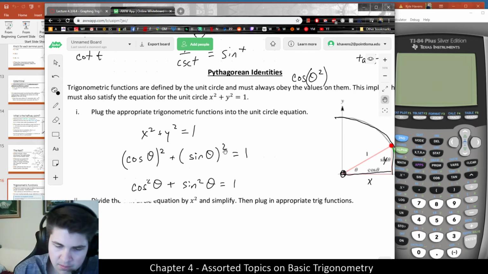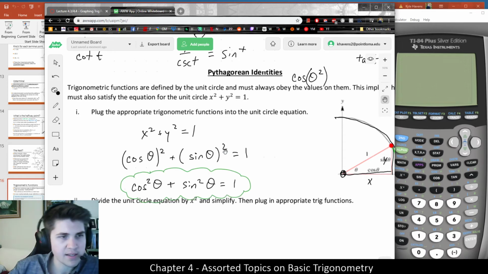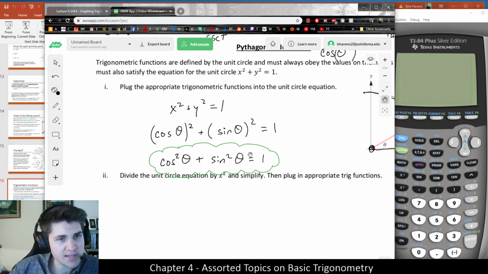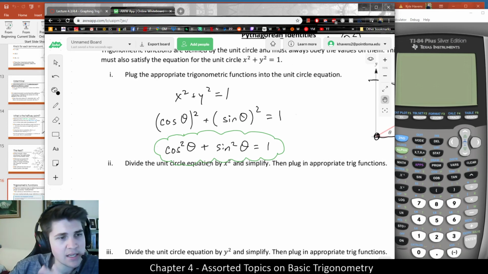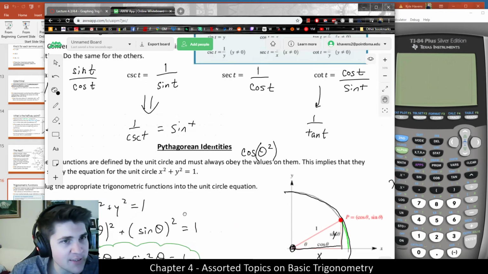Again, this is a fundamental identity. This is always true no matter what. It also allows us to connect sine and cosine together based on squares. We're going to see how this helps later, but for now, I just want you to be aware that all of these different identities exist.